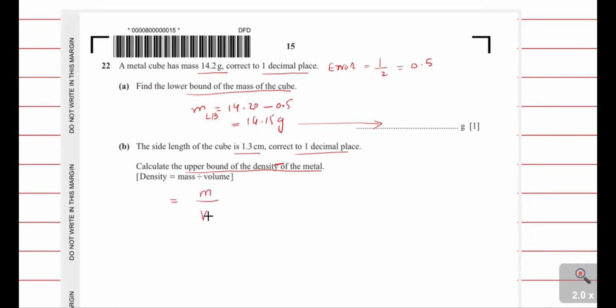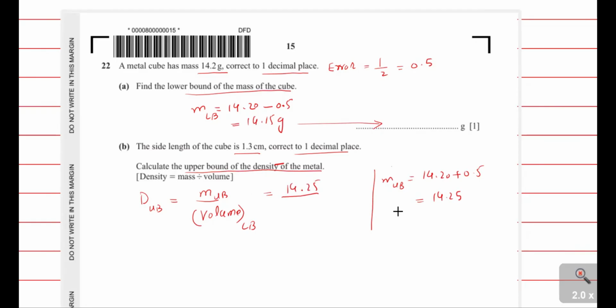We can write mass over volume, and therefore the upper bound density will be equal to mass upper bound over volume lower bound. According to this, the mass upper bound will be the value of mass 14.2 plus error. Error is 0.5. We write 14.25, and this 14.25 is the mass.